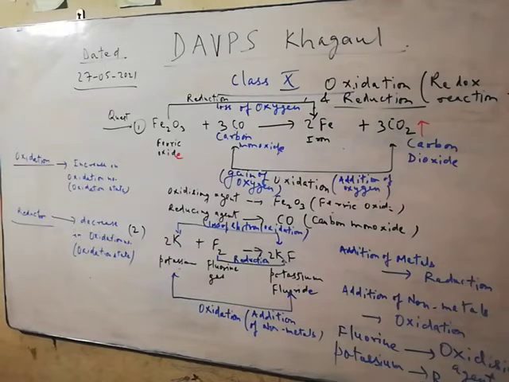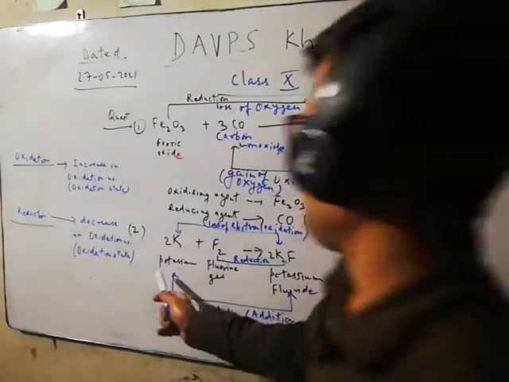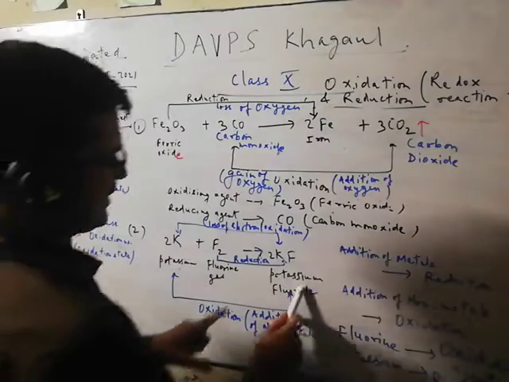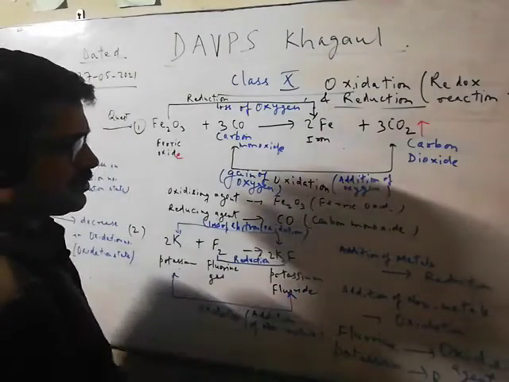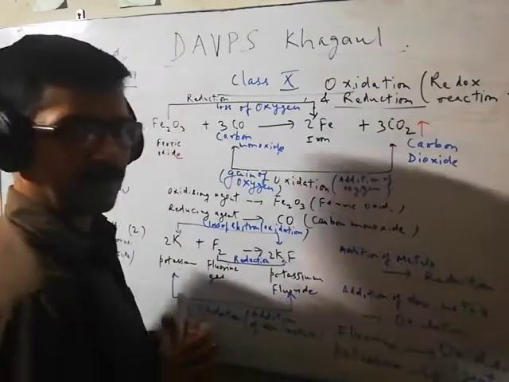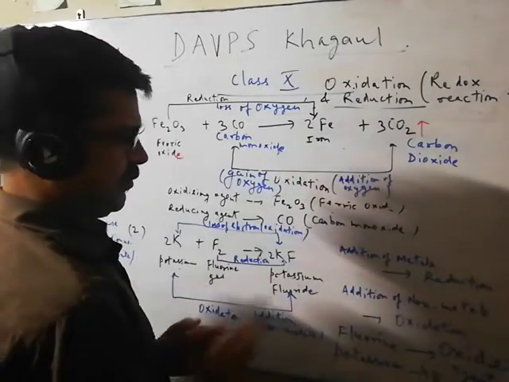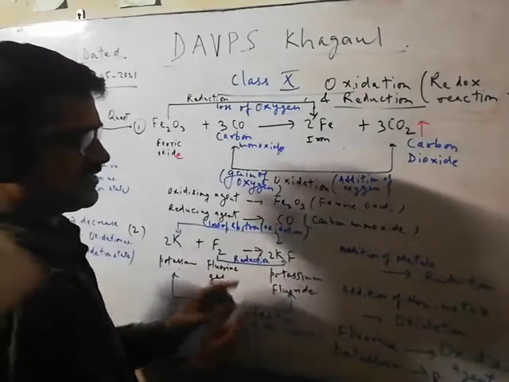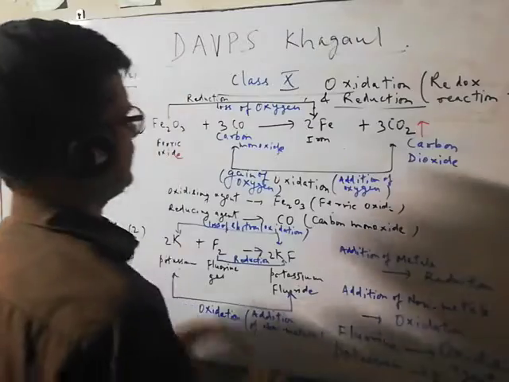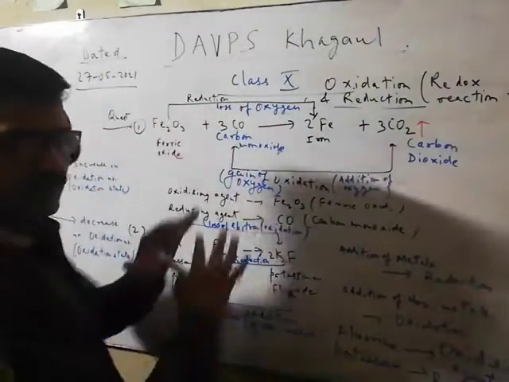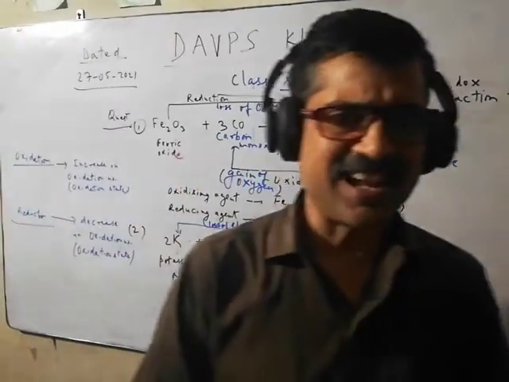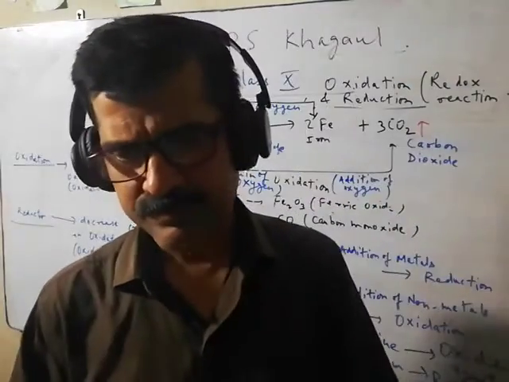That is very, very important to learn. Very important to understand that potassium is going through oxidation, so it is the reducing agent. Fluorine is going through reduction, so it is the oxidizing agent. That is the sense of oxidizing agent and reducing agent.